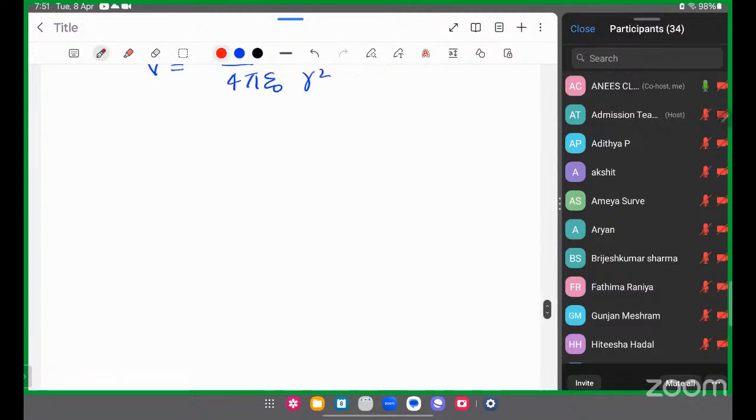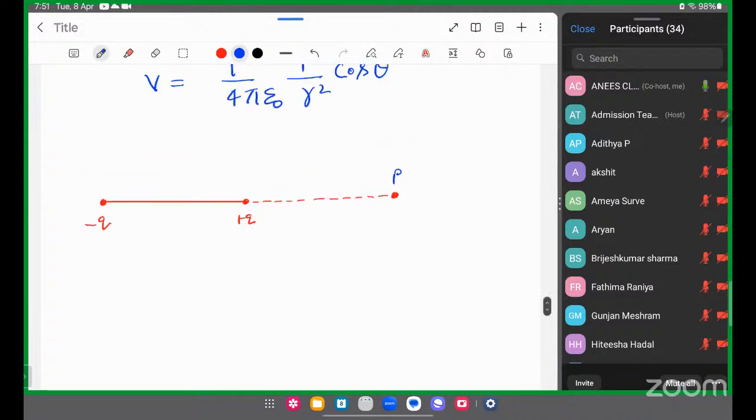First one is, if we have a dipole, minus q and plus q, and there is a point on the dipole axis, point P, and at this point P we want to know the value of electric field E and potential V.